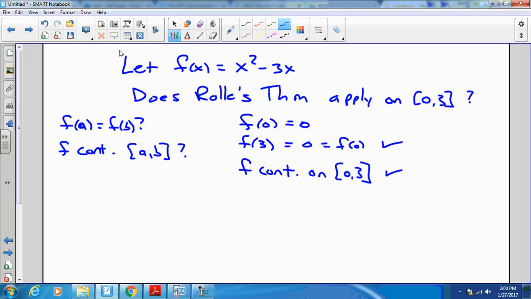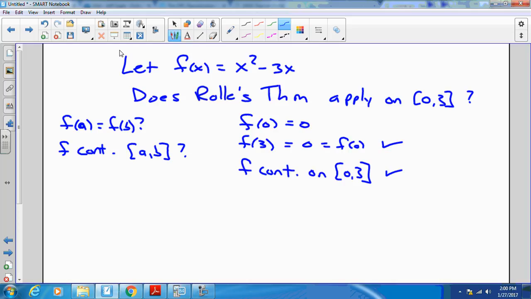What about all the x's between 0 and 3? There's an infinite number. Could you generalize that? Is it true in general that the limit as x goes to c of f of x equals f of c? Yeah, it is. That's right.